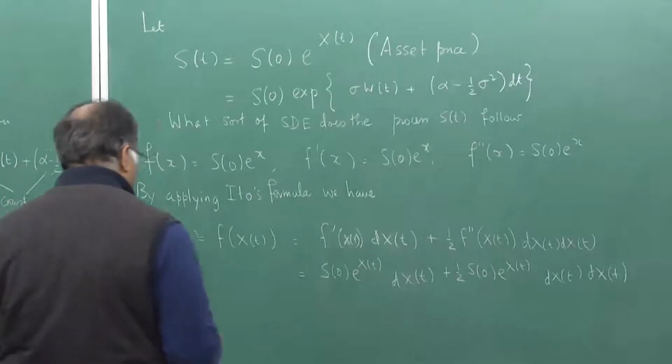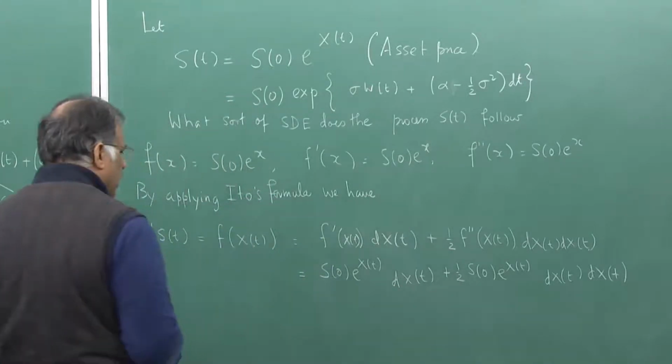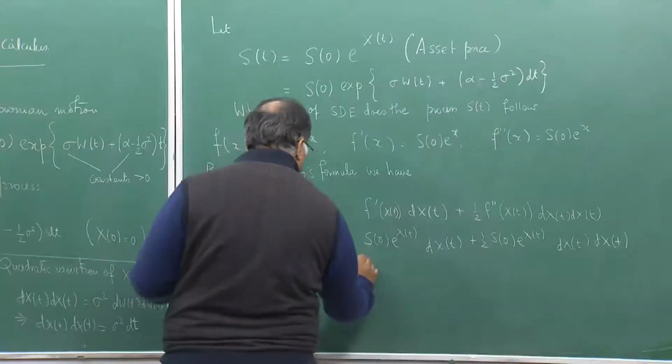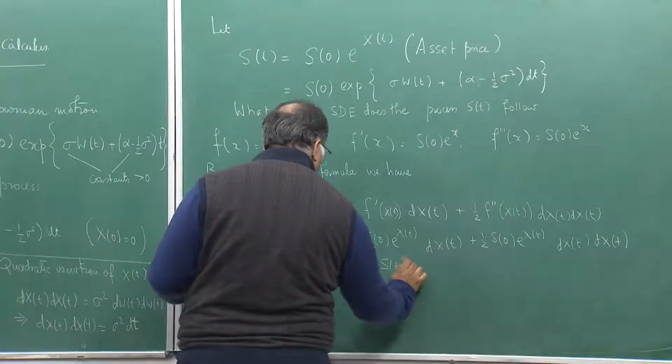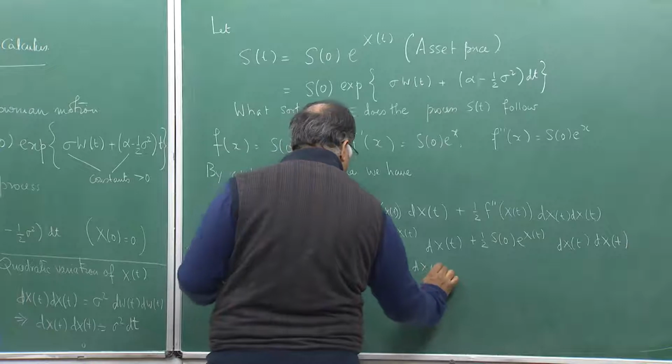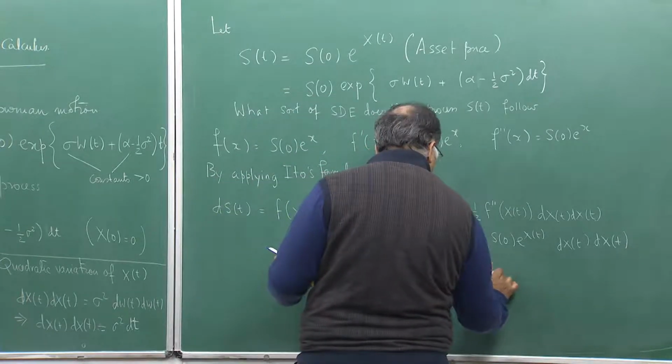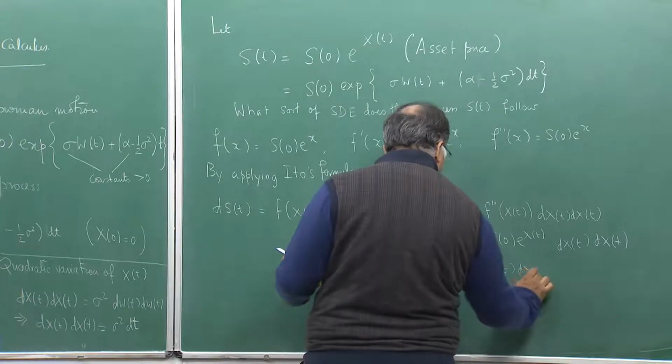So, let us observe the next step. This thing is your St. So, St times dXt plus half St times dXt dXt.